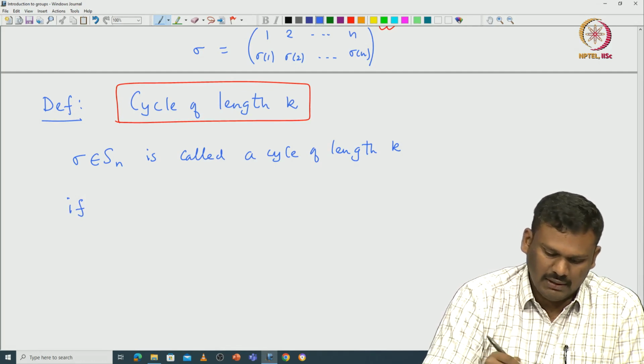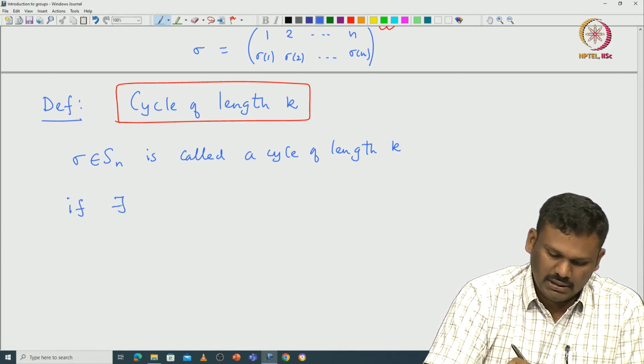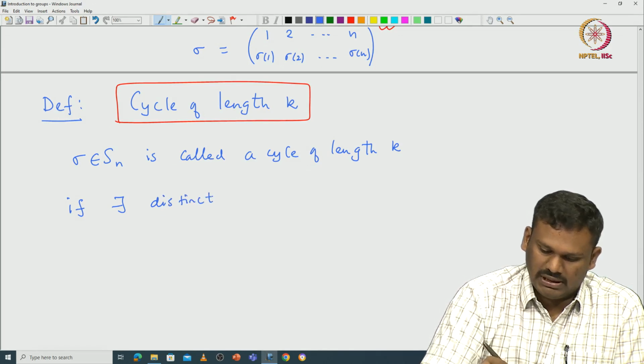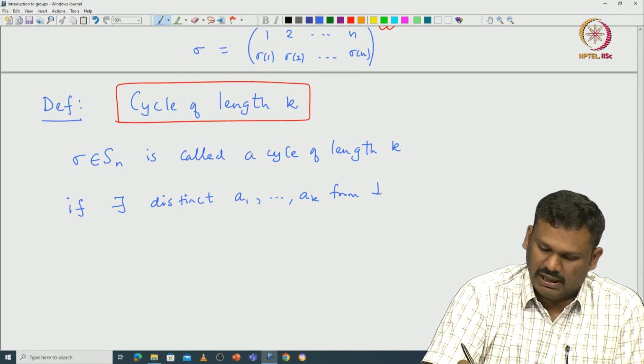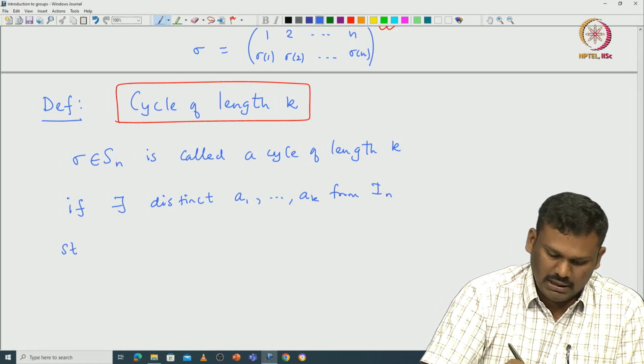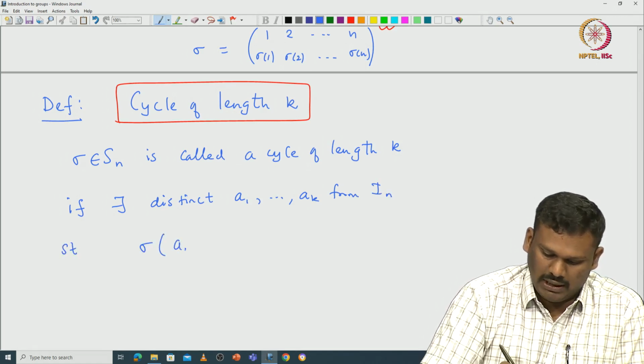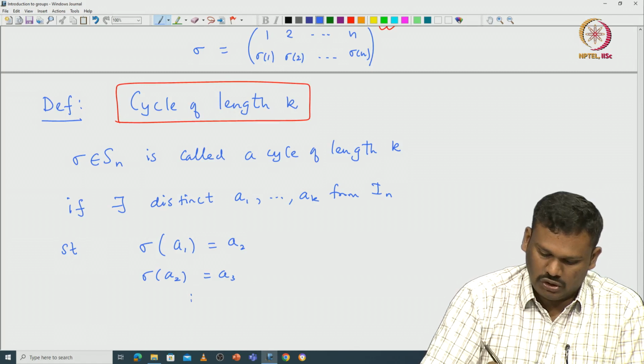What does it mean? It means there exist distinct elements a1 through ak from In such that if you apply sigma on a1 you get a2, and then you apply sigma on a2 you get a3, and so on.